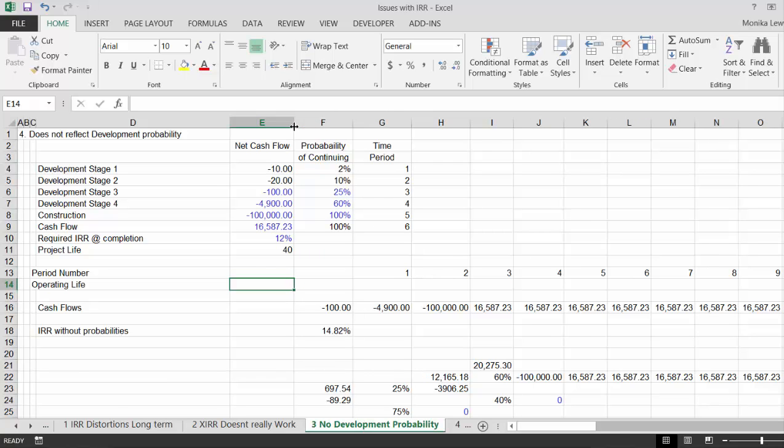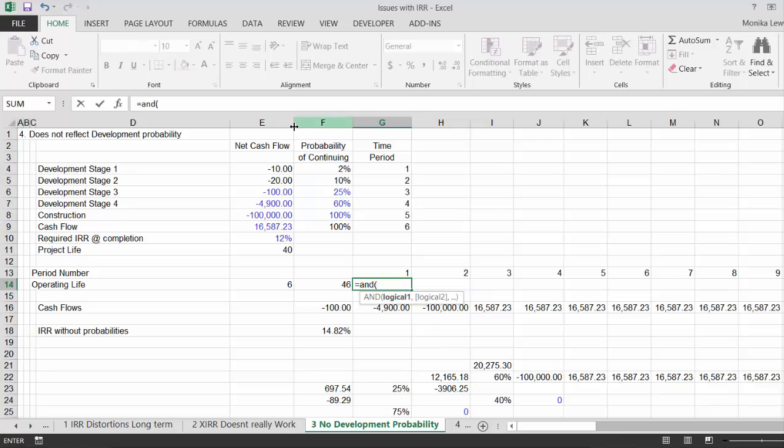Okay. So let's start with our construction is going to occur in year 5. So from year 6 to year 40 plus 6, that's when we're going to operate. So, and this one is greater than or equal to 6, and this one is less than or equal to 46, I hope.